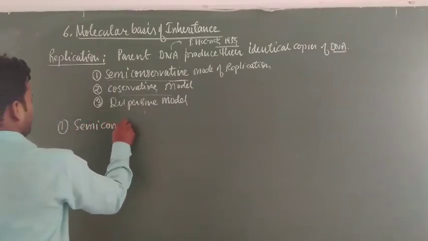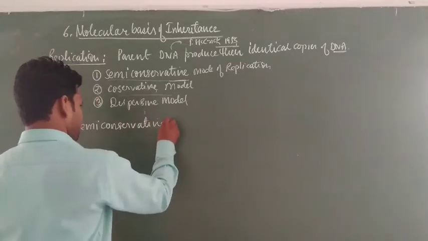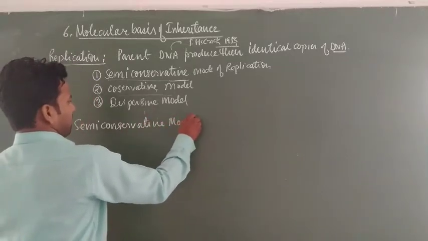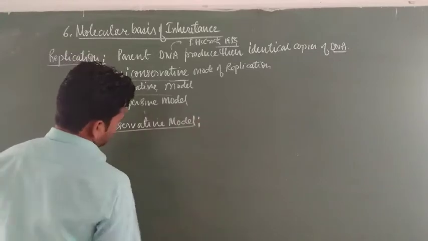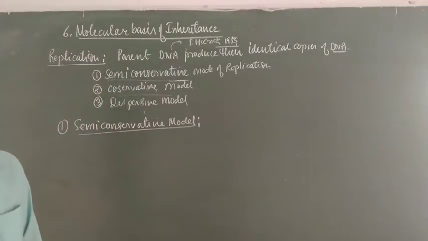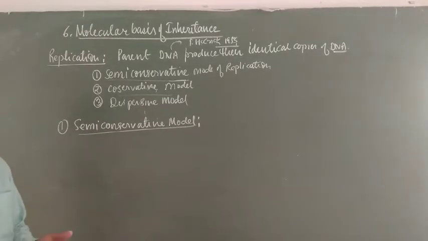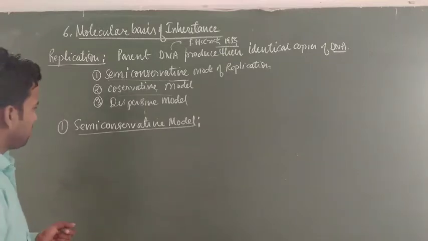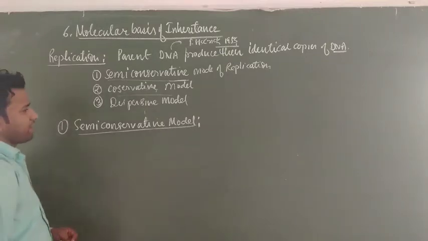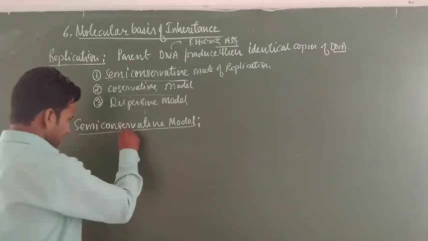The semi-conservative model states that the parent DNA produces identical copies, and each identical copy is similar to its parent DNA.